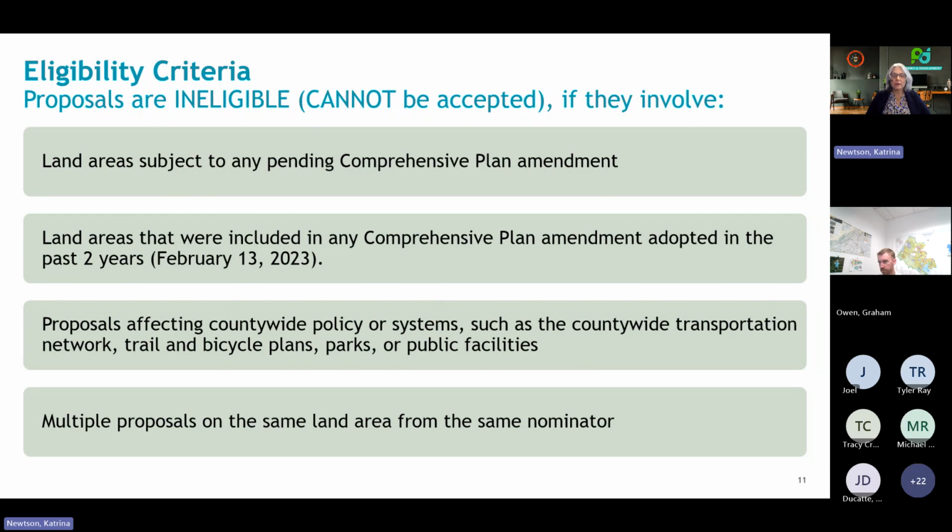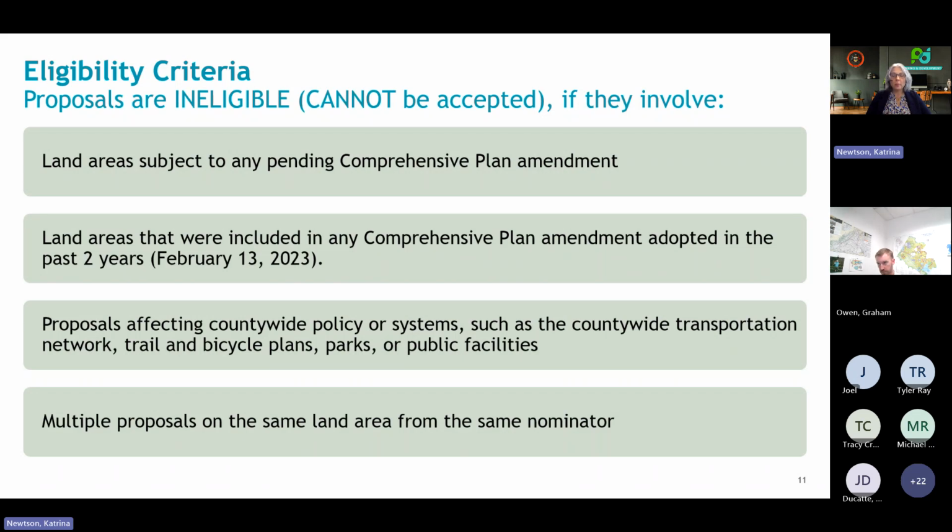The areas that are ineligible include land areas that are subject to a pending comprehensive plan amendment, or if they were included in any comprehensive plan amendment adopted since February 13th, 2023. That's basically 2 years from the end of this upcoming nomination period.